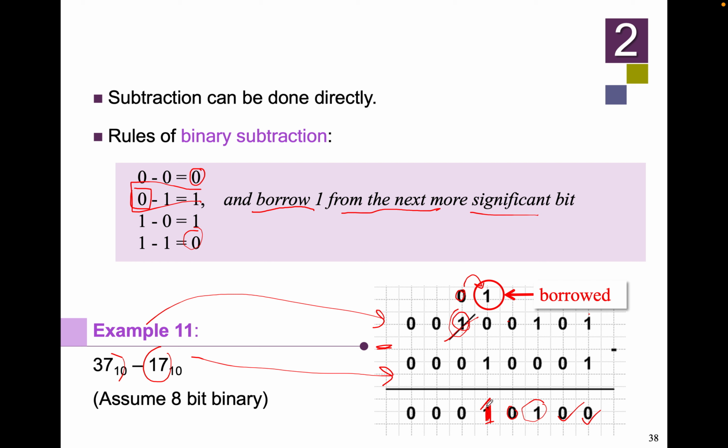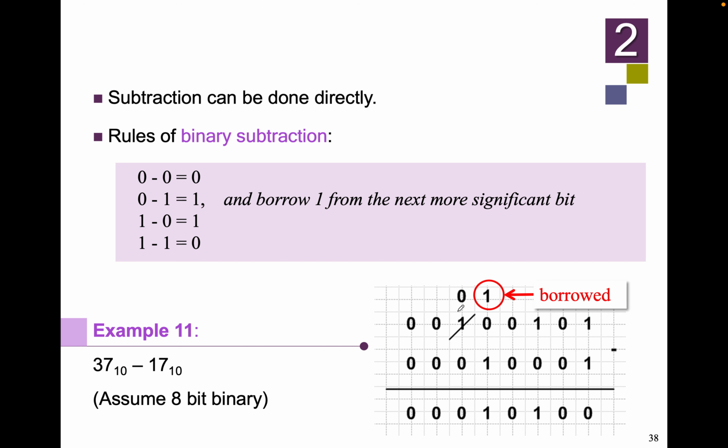That's why you will get 1. It is not 1 minus 1, but you check first. This one is 0 minus 1. So 0 minus 1, you will get 1 first, and after that you borrow.